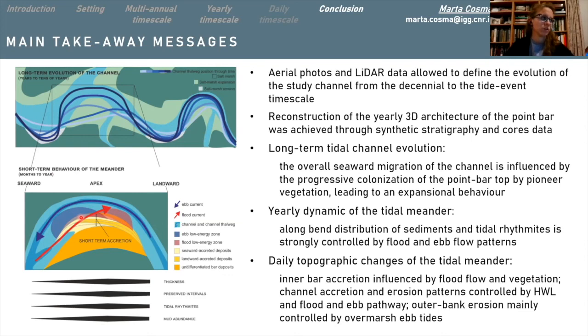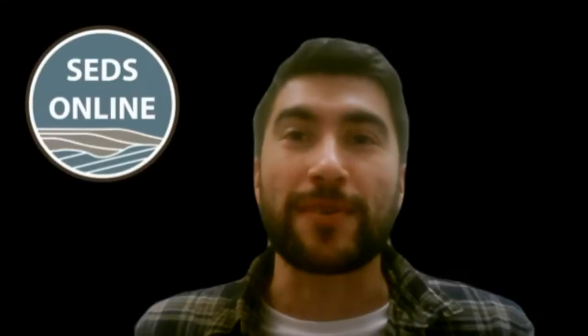But, of course, it sometimes can also be related to erosion, when really huge tides with high water levels arrive. They can cause erosion of the already deposited tidal rhythmites. Perfect. Thank you very much, Marta.